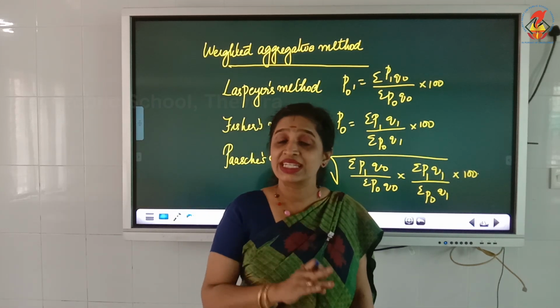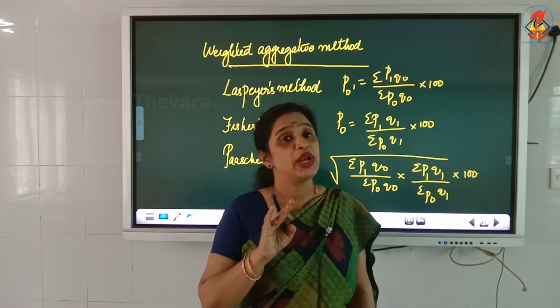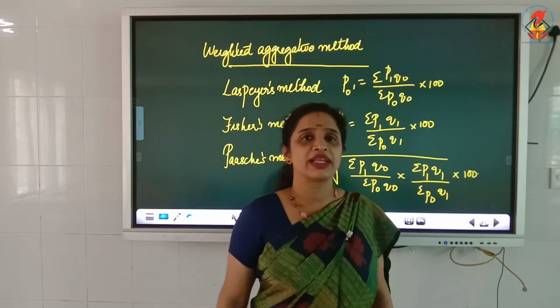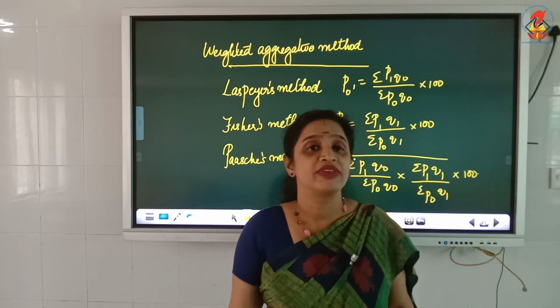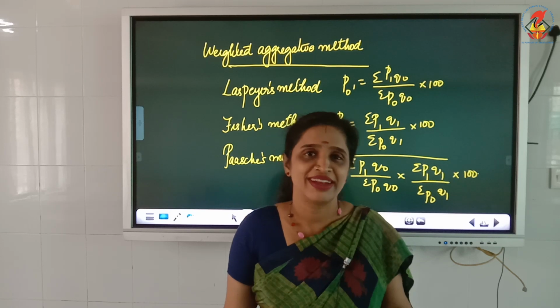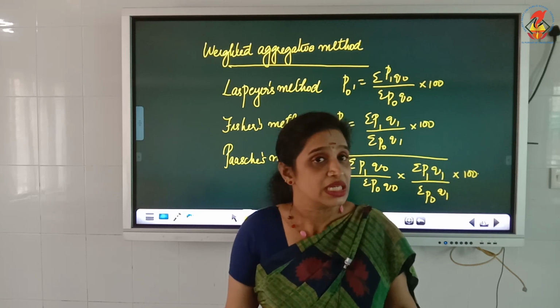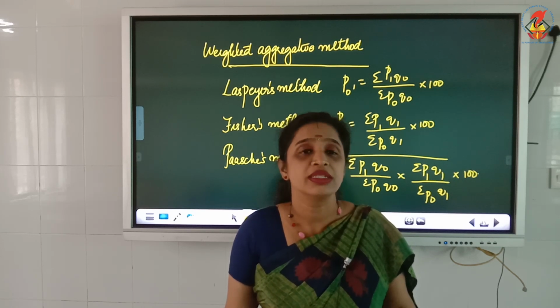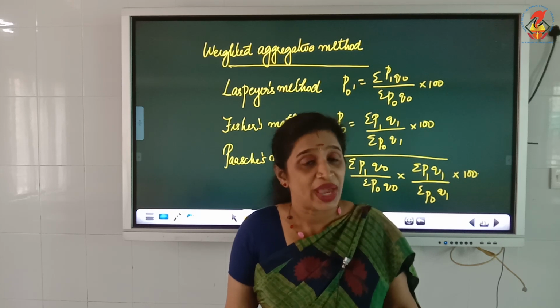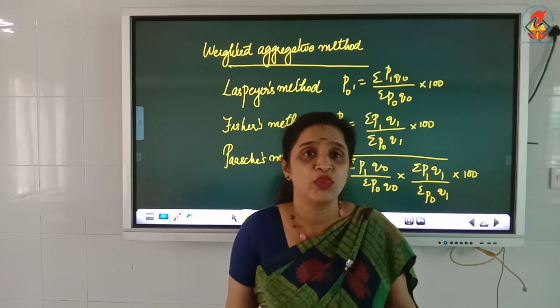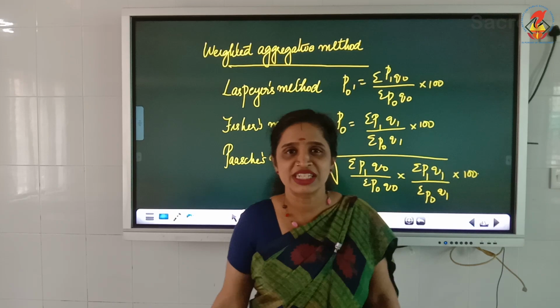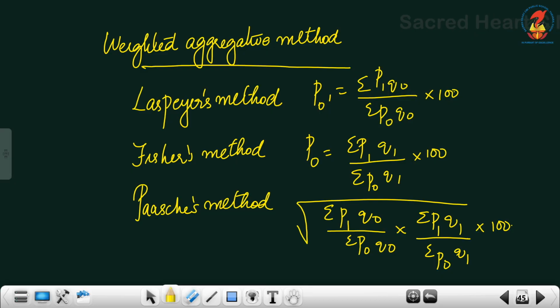One is weighted aggregative method and weighted average of price relative method, just as we have discussed for unweighted index number. Now, weighted aggregative method consists of the formula given by three statisticians.